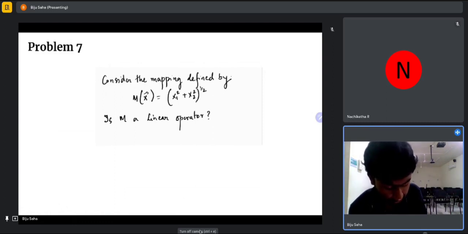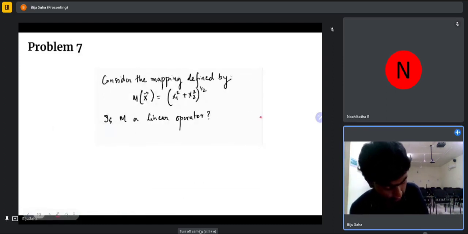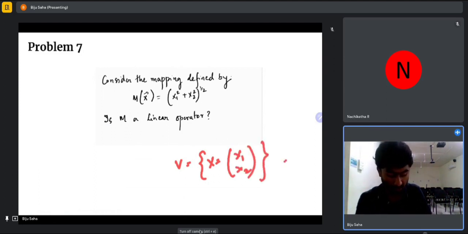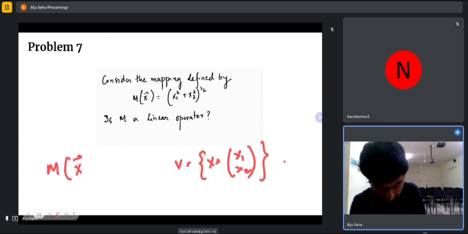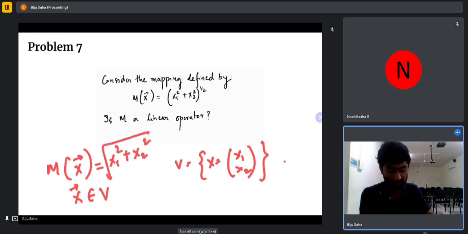So elements of the vector space V are represented by x, which has two elements x1, x2. And there is an operation on the vector space V that is given as follows. The operator acts on an element x belonging to V, and the operation goes as follows. Yeah, this is how the operation is.